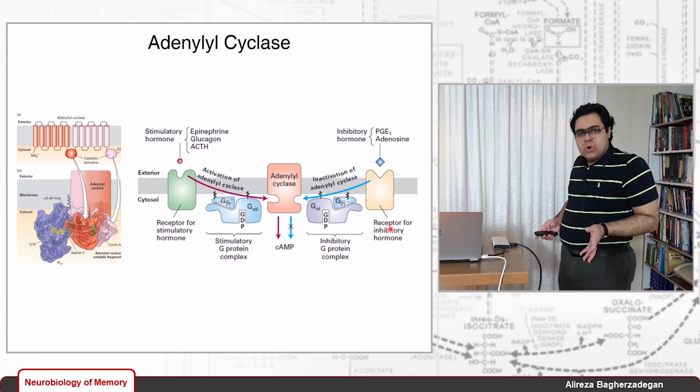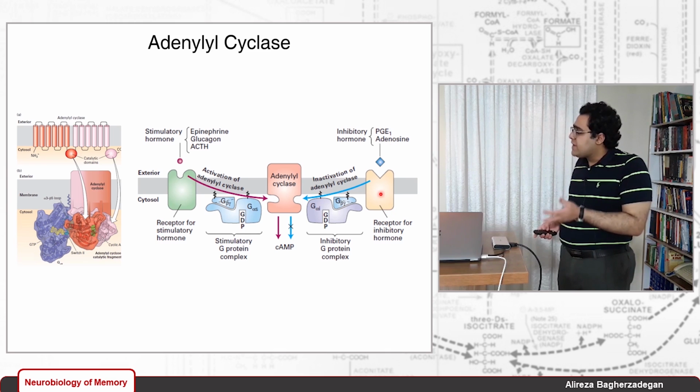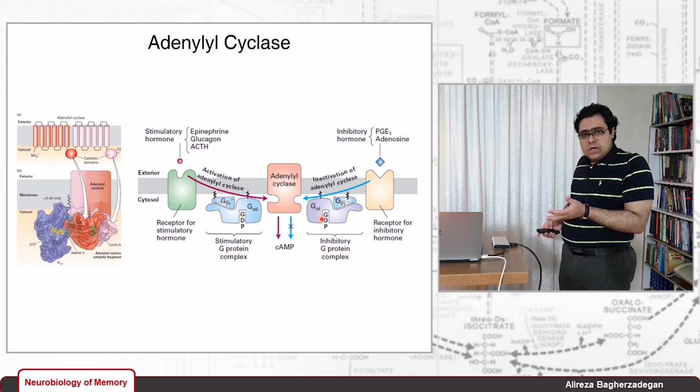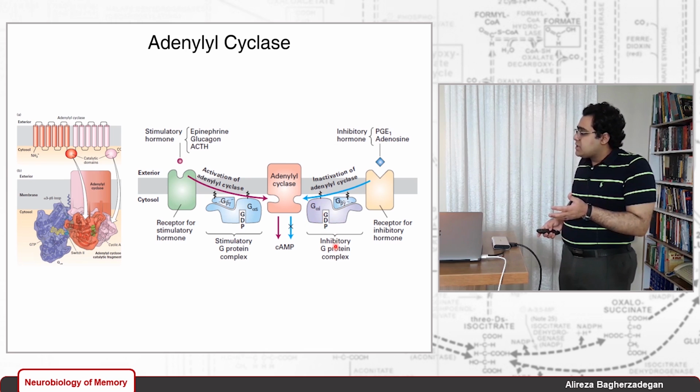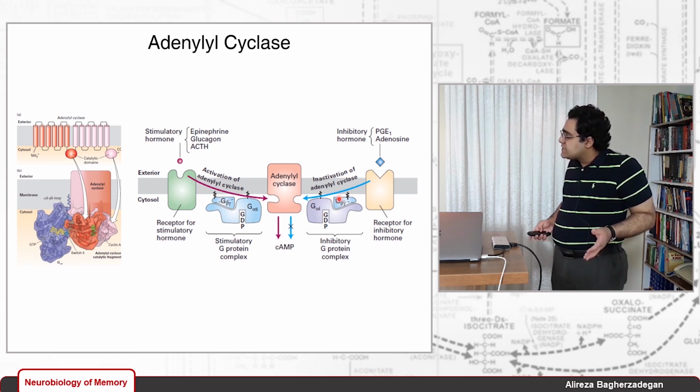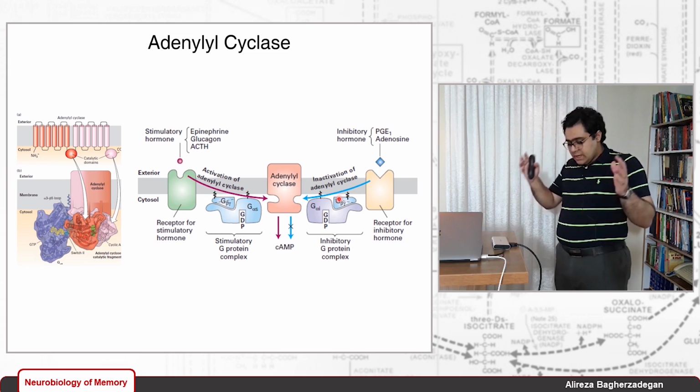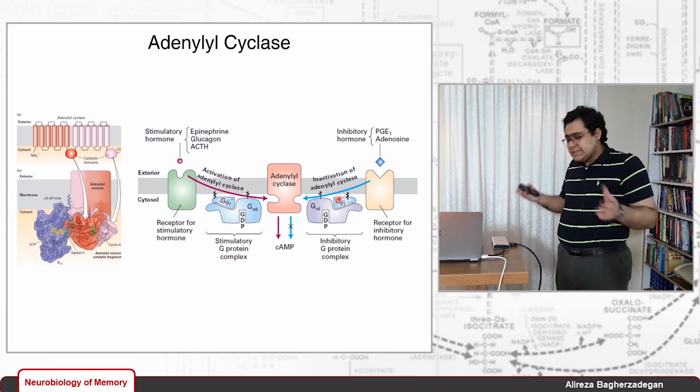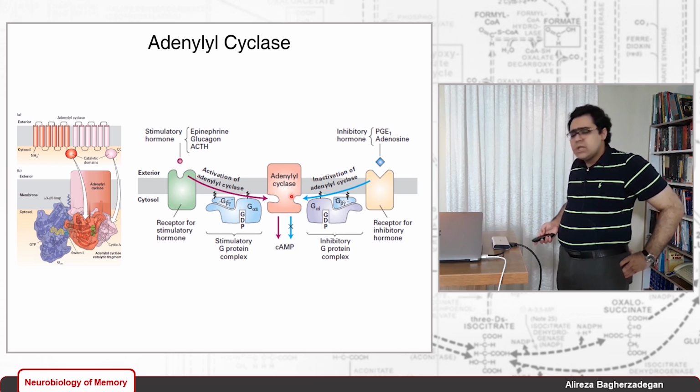When we have an inhibitory hormone, it is again received by a G protein coupled receptor, but now this receptor, because it receives an inhibitory hormone, activates an inhibitory G protein, and the alpha subunit of this inhibitory G protein complex is going to somehow inhibit the adenylyl cyclase from producing more cAMP.